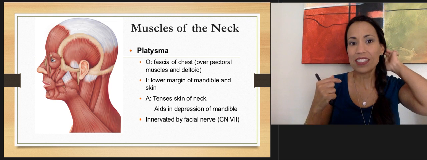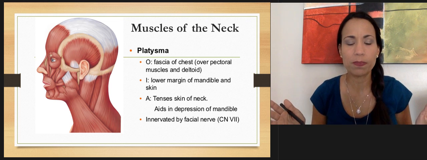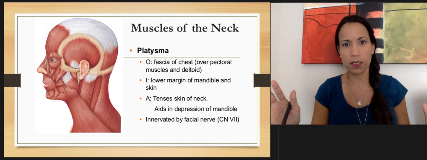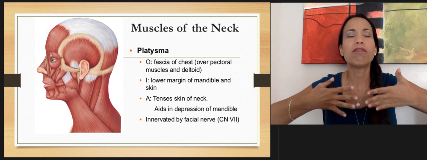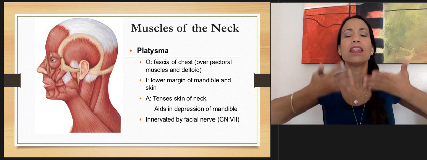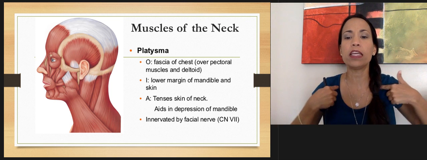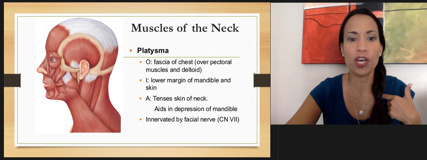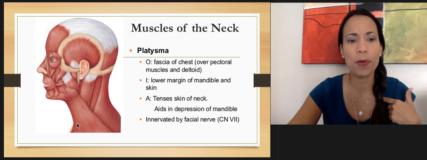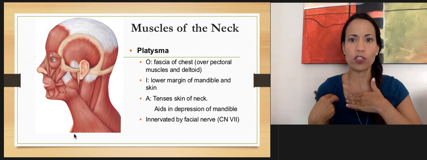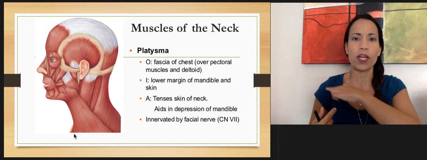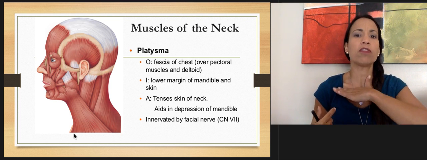Okay? So let's start off with the platysma. And platysma is a sheet of muscle. It's a muscle that originates right here on the fascia. I will show you later my cool app. But right here in the fascia over the pec, your pectoralis major and your deltoid, right about here over the clavicle.